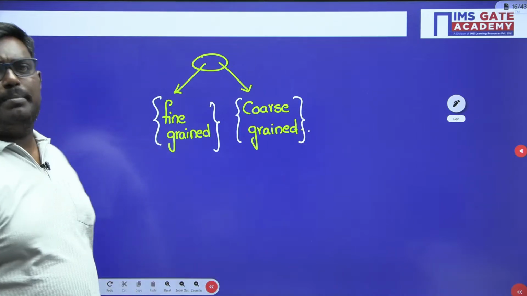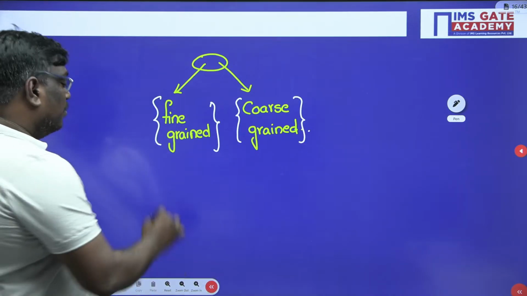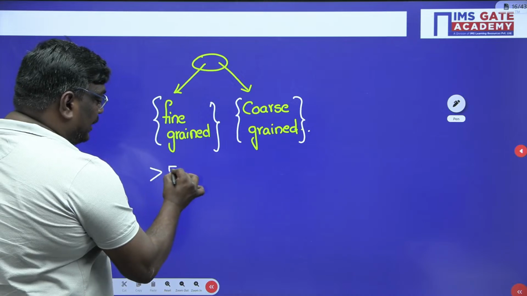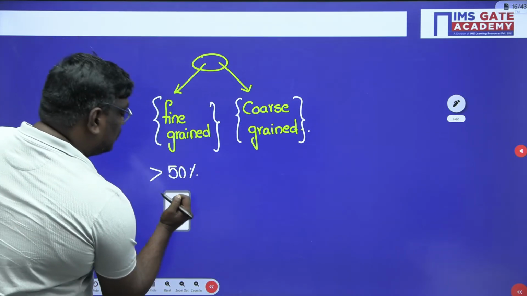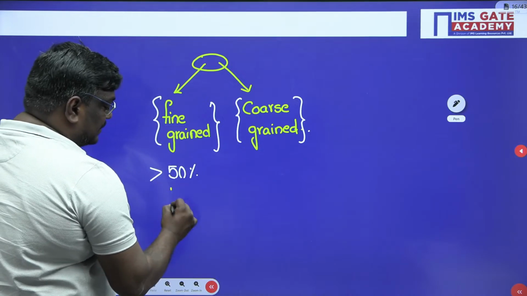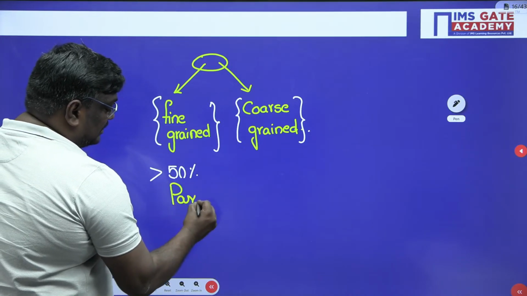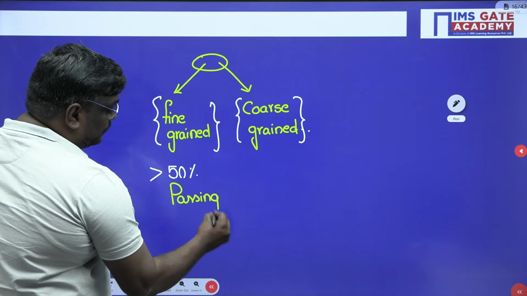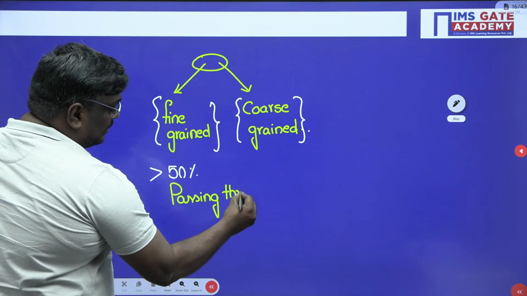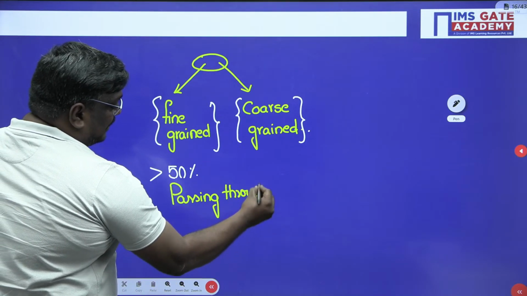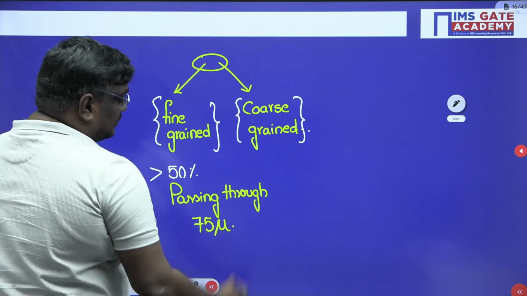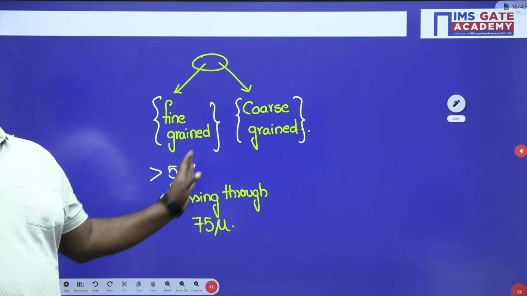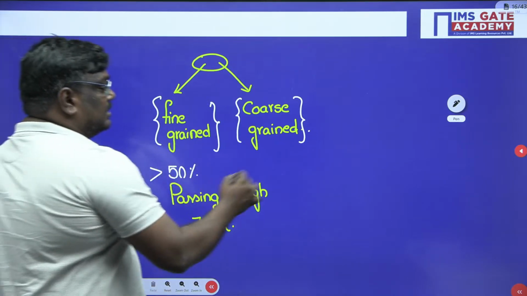So what do you mean by fine grained soil? If more than 50% of the soil is passing through the 75 micron sieve, then we call it fine grained soil.